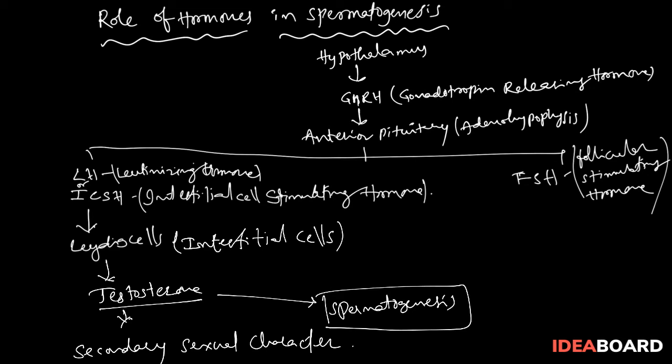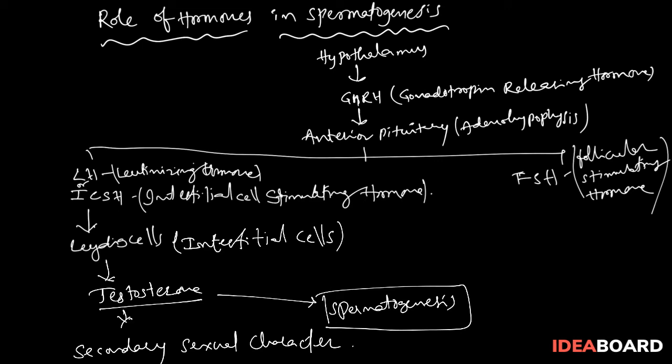All these are called secondary sexual characters. These are influenced by the hormone testosterone, which is synthesized from the Leydig cells or interstitial cells, which are present in between the seminiferous tubules of the testis. Hence, these cells are called interstitial cells.